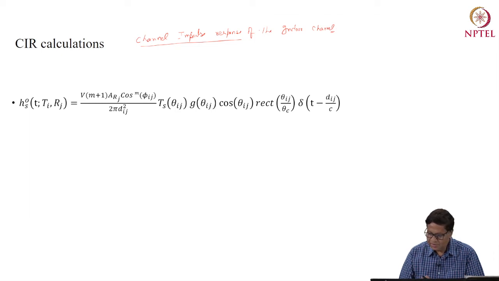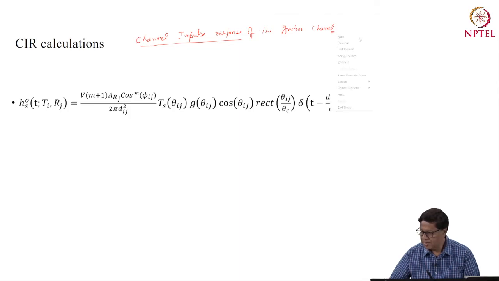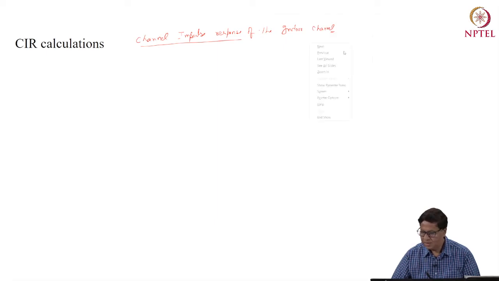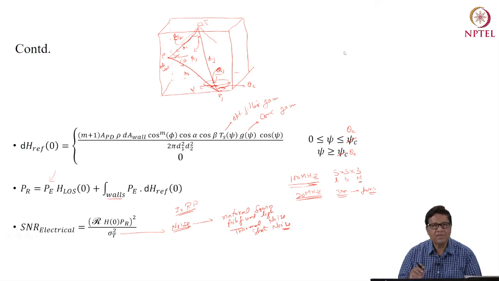So if you consider the last diagram which I had drawn here, I have written a generic expression for the line of sight channel impulse response, which is actually a Dirac delta function coming from line of sight. I am referring to this diagram, and I have written the generic expression for impulse response considering Ti as the transmitter and Rj as the receiver.